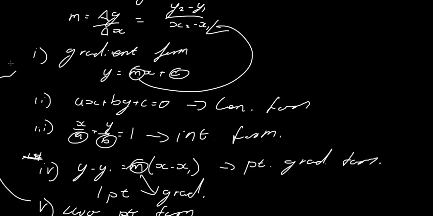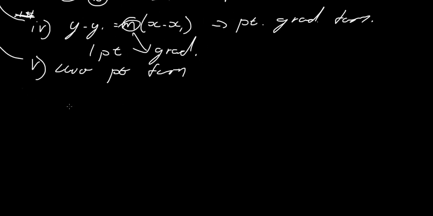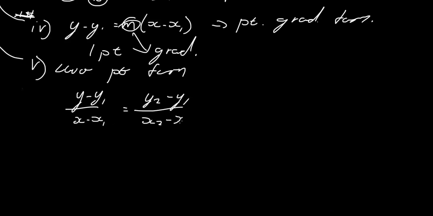You're going to probably, in most cases, want to manipulate all of these forms to look like the gradient form, unless they ask you to do it in another form. And the formula for the 2-point form is y minus y1 over x minus x1 is equal to y2 minus y1 over x2 minus x1.